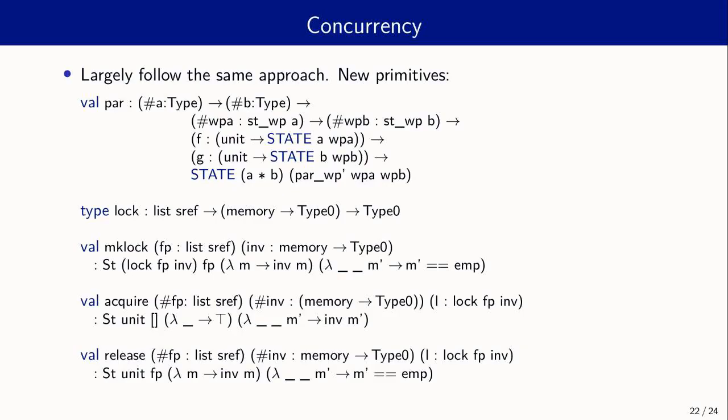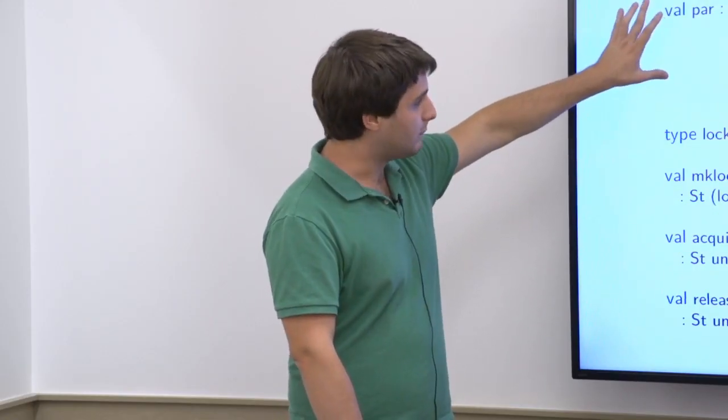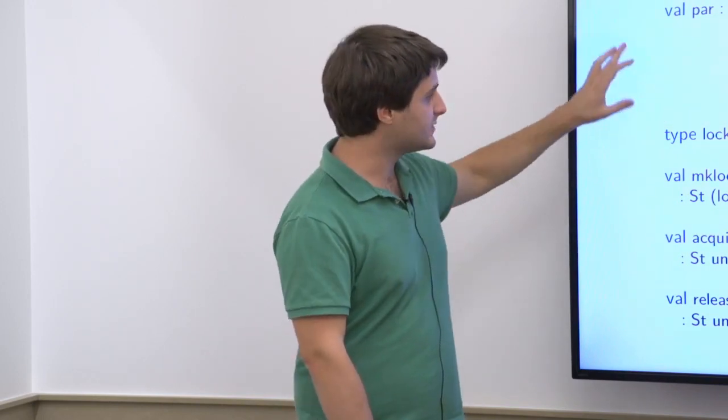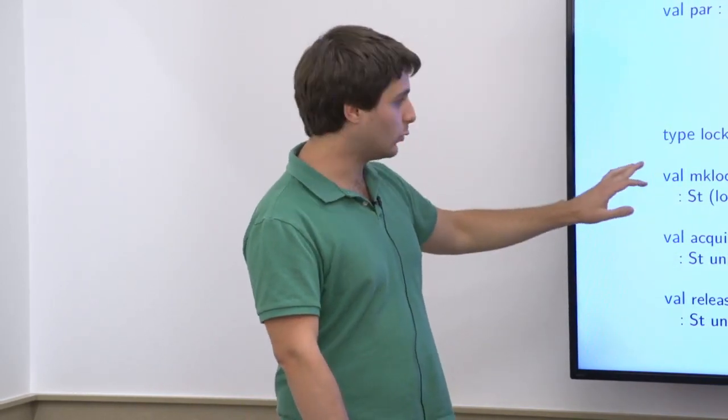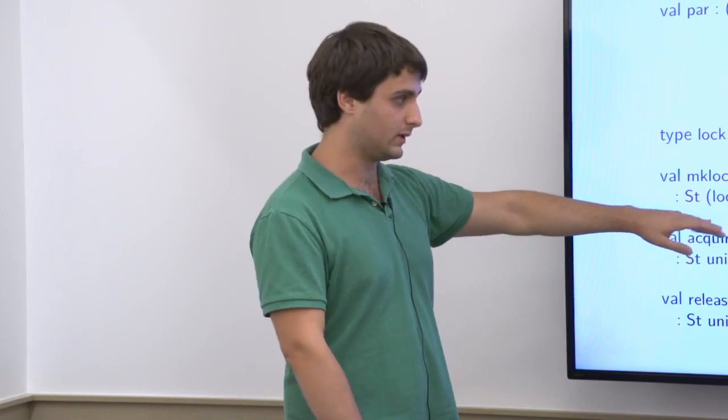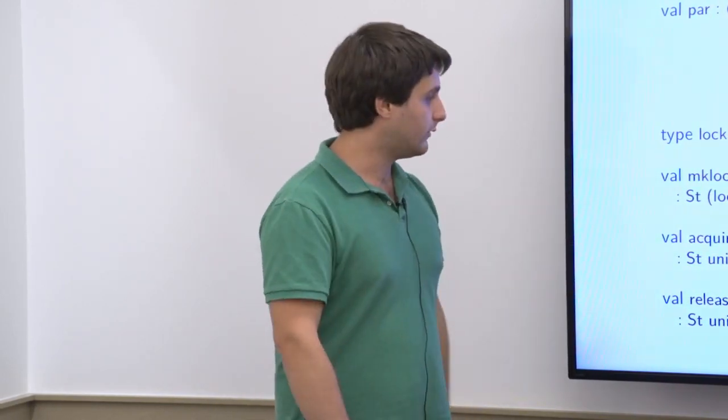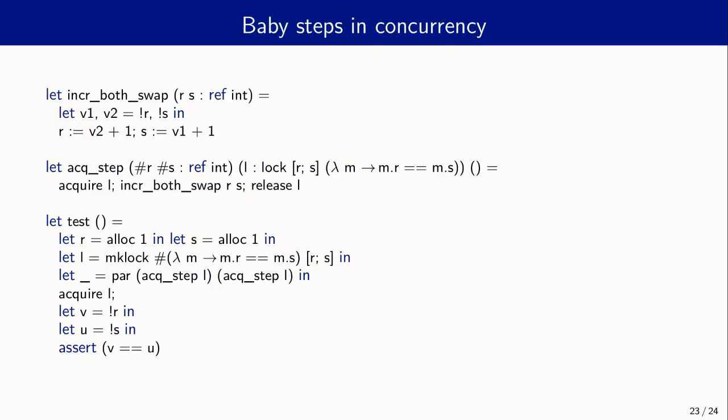For concurrency, we're adding some more operations with some more intricate specs and locks. The main additions are parallel composition of two programs and locks working over some footprint and keeping an invariant of the resources that are locked. And here's a tiny example that shows.